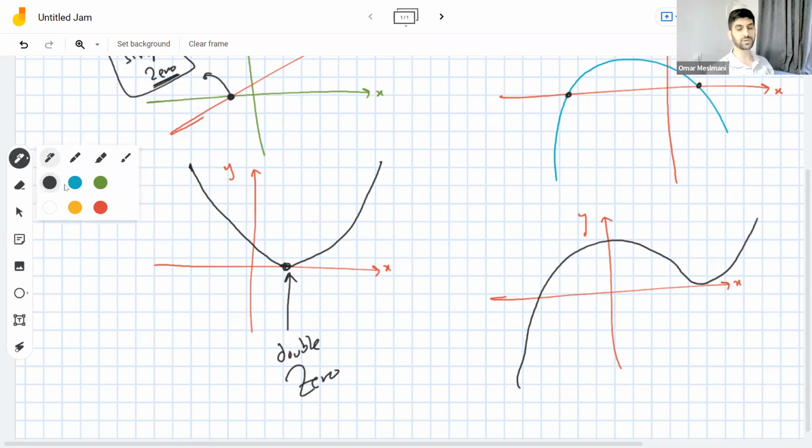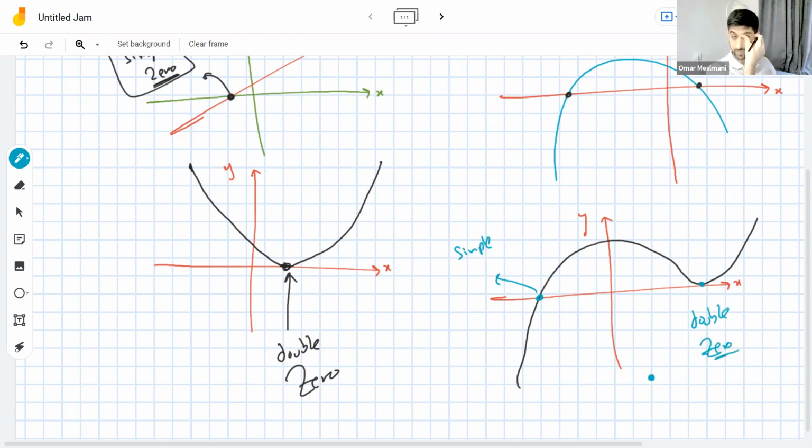How many zeros do we have in this example? Two. One of them is a simple zero and one of them is a double zero. So we have one simple and one double zero.